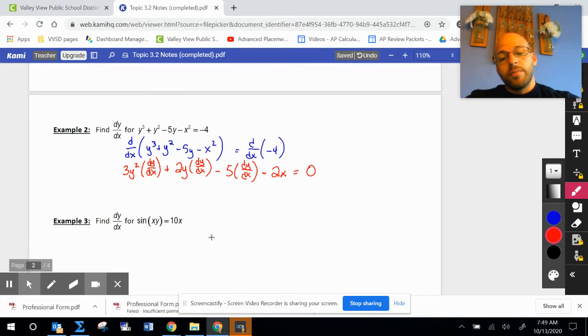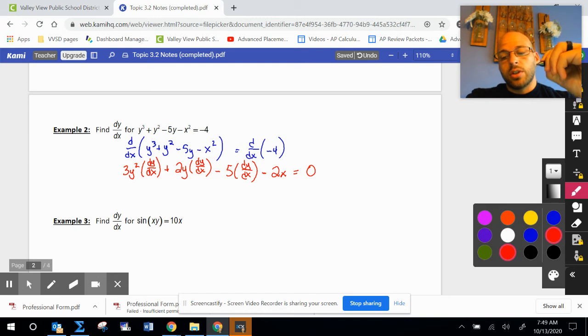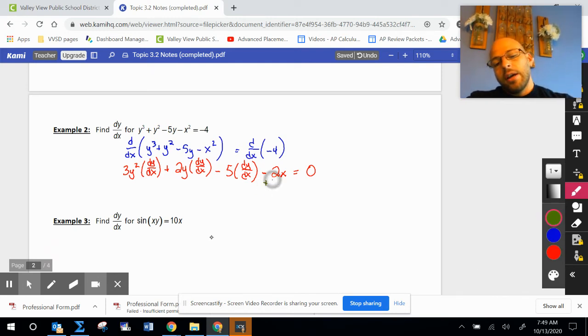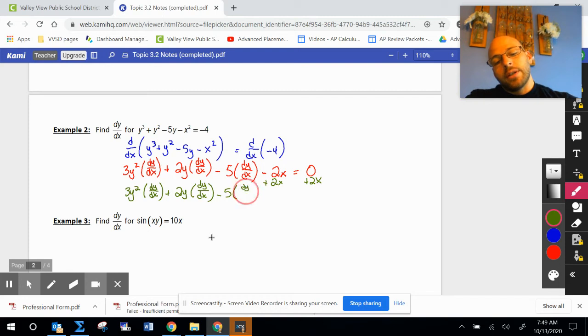So here's what I'm going to do. I am going to solve this, because again, we have to get dy dx all by itself. Okay, I am going to add 2x over to the other side. So I get a 3y squared times dy over dx plus a 2y times a dy over dx minus a 5 times a dy over dx equals 2x.